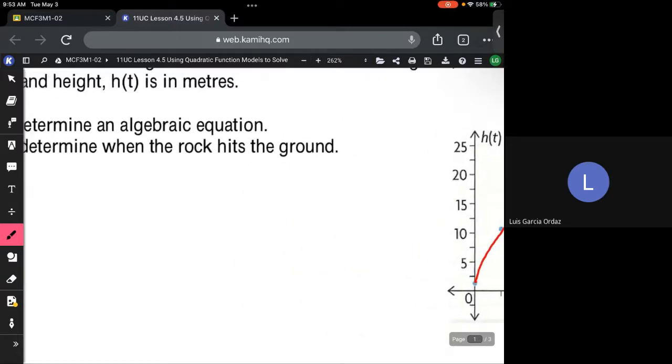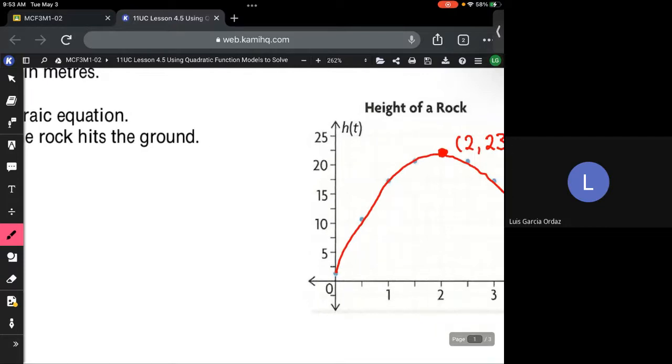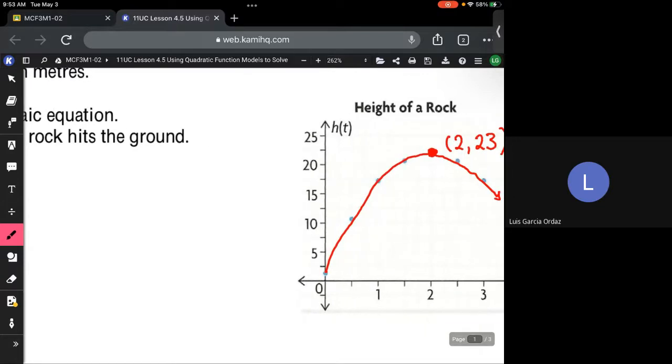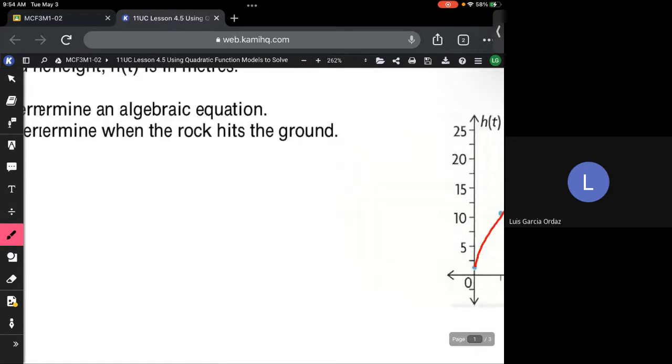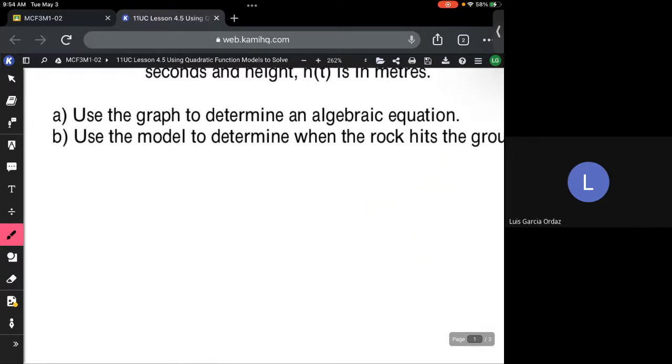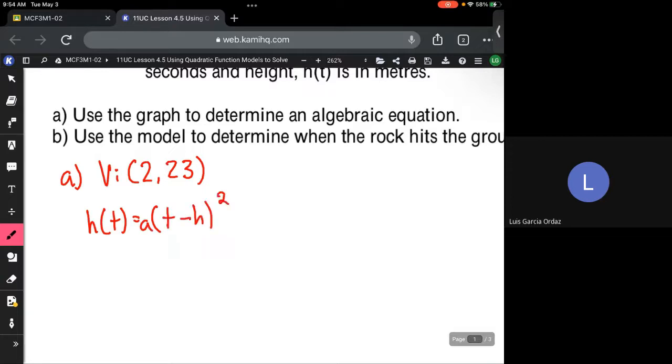So what form are we going to write it in? Vertex form, standard form, factored form. Which one would be the easiest one? Vertex. So remember for vertex form, we found out our vertex is 2 and 23. So our vertex form is written as, in this case, h of t is equal to a times t minus h squared plus k.